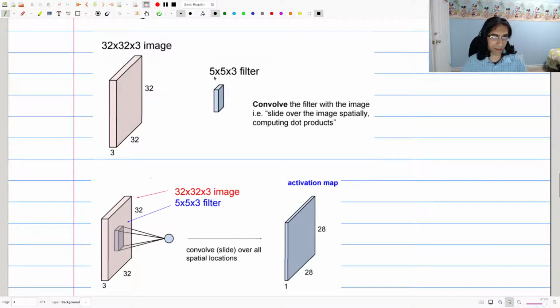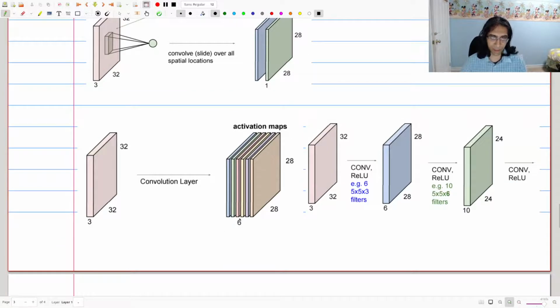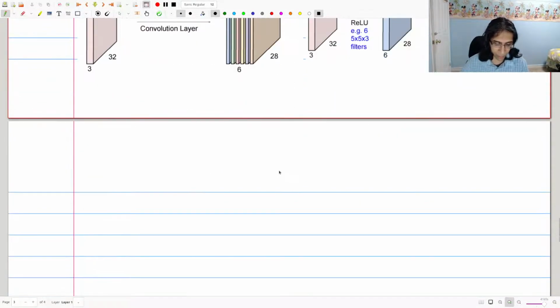Is that the right size? Maybe you'd want it to be 3 by 3 or 7 by 7. And this 3 here, you can't choose. It has to be the same as the number of channels of the input, but you can choose this size here. There are other things you can choose, like how many filters. Here we did six filters. Do we want to do more? Do we want to do less? And then there are a few other things, including padding and stride, which we'll talk about.